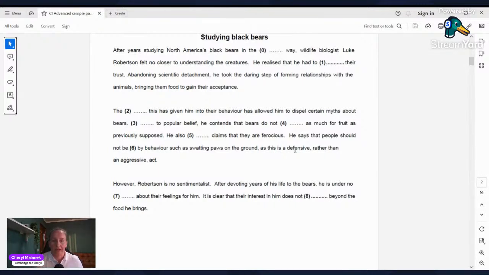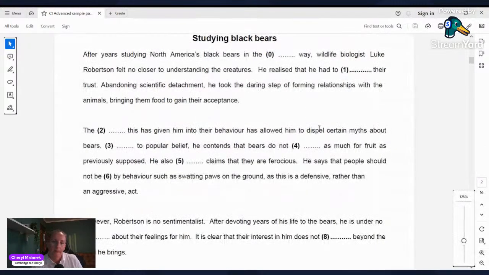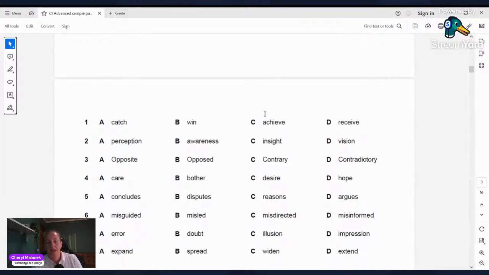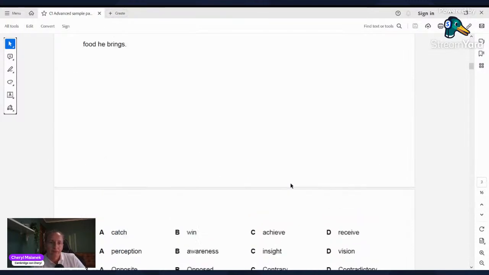So what do I mean by this? What can you do? For example, if I zoom in a little bit here, there's a few of these gaps that I don't even need to look at the options for. I know what the word is because it's a fixed expression or a very strong collocation.